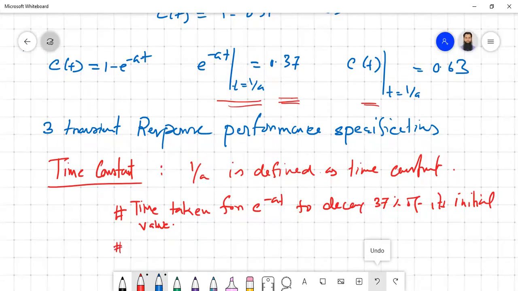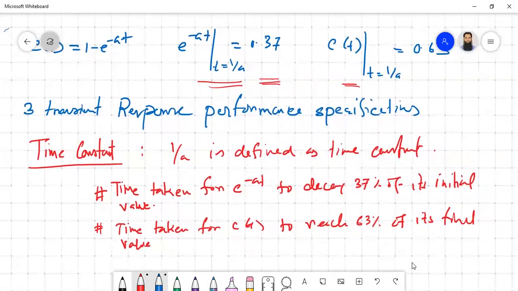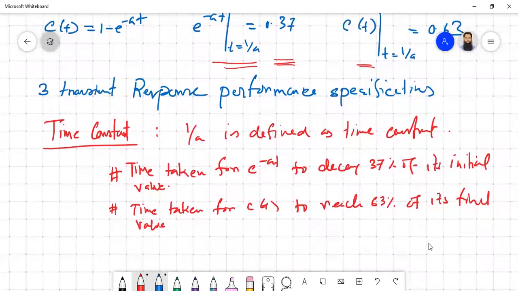So the time taken for Ct to reach 63% of its final value. Okay, same parameter defined in different ways. So this is how we can define it.